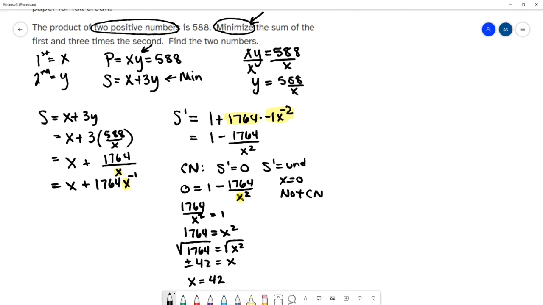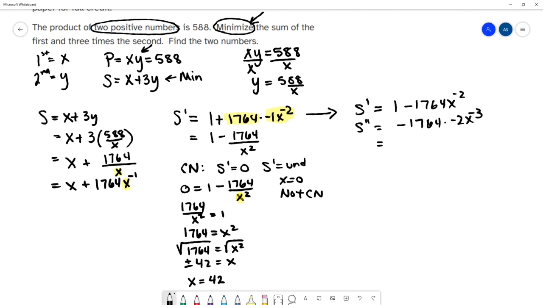So I'm going to test that into my second derivative. Here's my first derivative. That's 1 minus 1764 x to the negative 2. I'll calculate the second derivative. That would be negative 1764 times negative 2x to the negative 3.